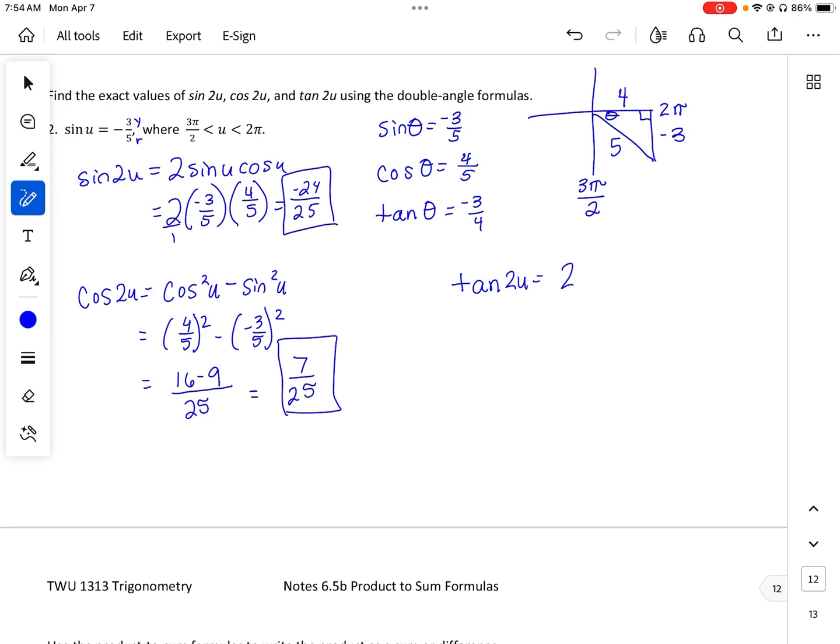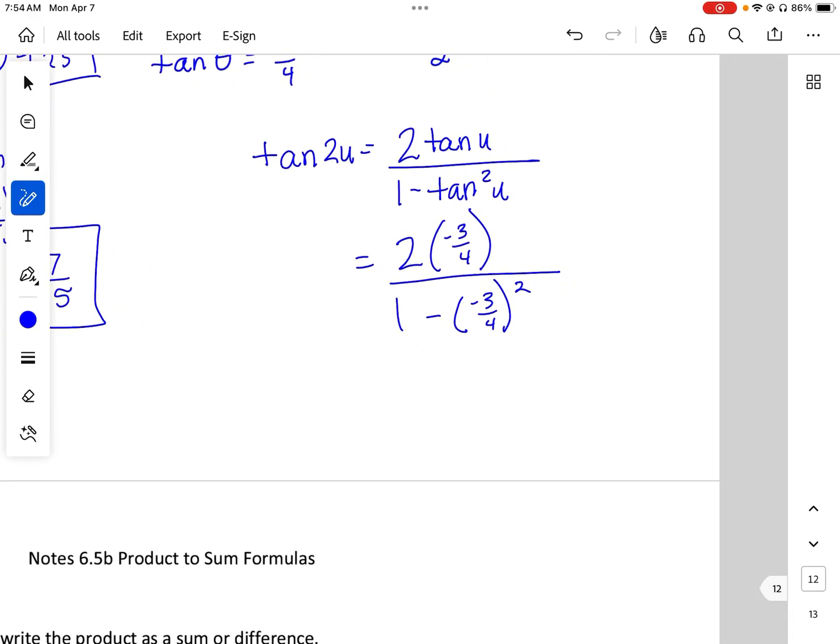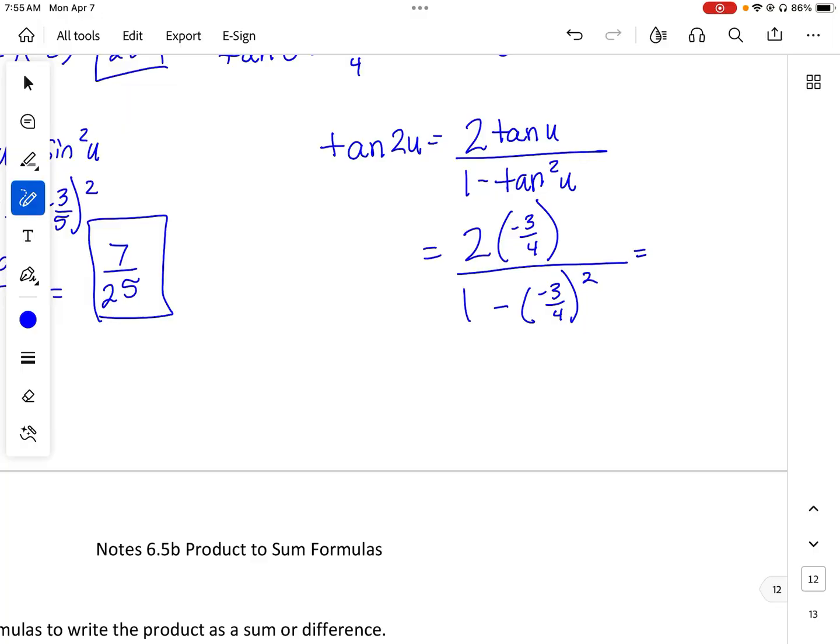Okay, tan 2u is done by doing 2 tan u over 1 minus tan squared u. So 2 times negative 3/4, over 1 minus negative 3/4 squared. Now we've got to do the work. 2 over 1, so negative, well, that could simplify, couldn't it?